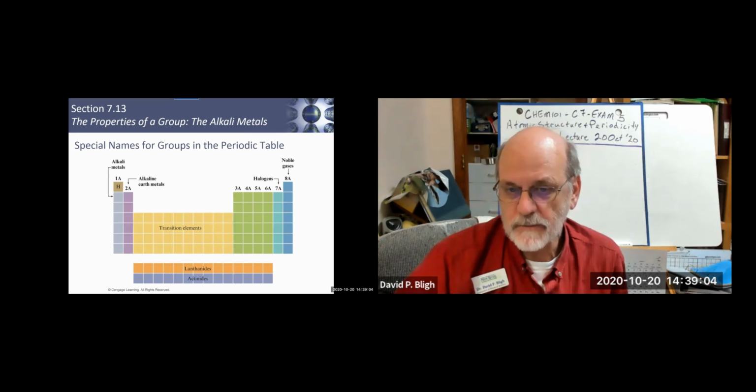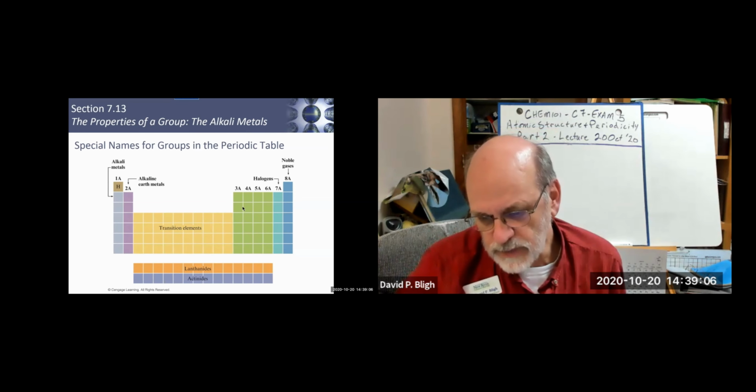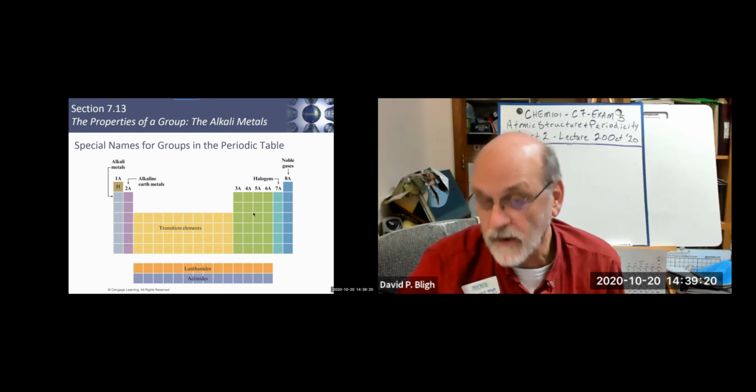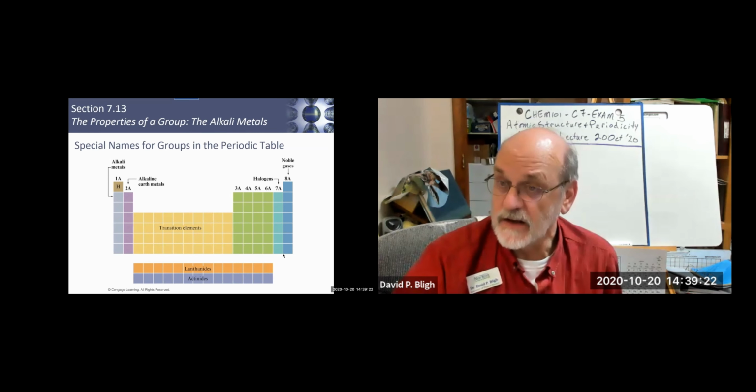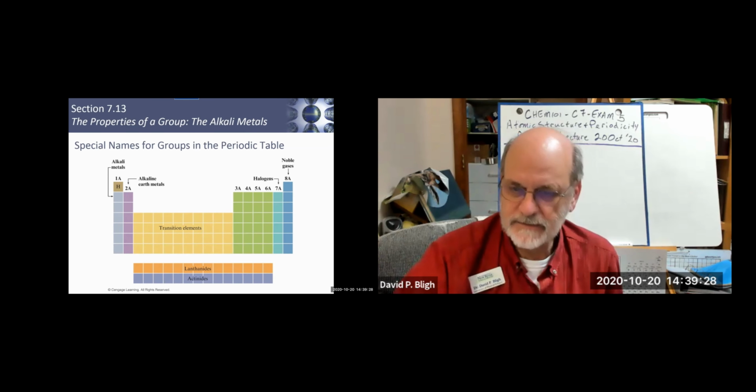That's not shown here, but if you start just below boron and you go across, and then step down, over, down, over, down, over, down, if you put a black line in there, that delineates nonmetals to the right, metals to the left.